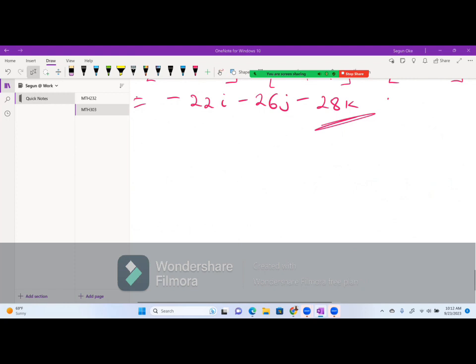Let's look at the question when they ask us to find the projection of a vector. What does it mean? Let's just find the projection.